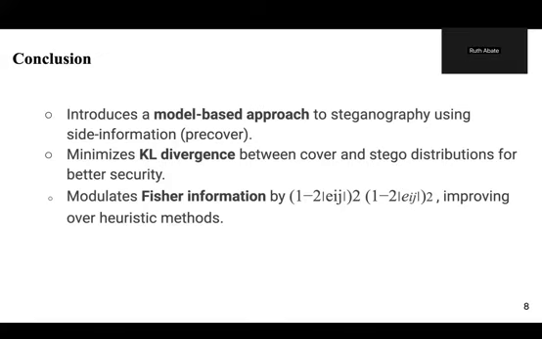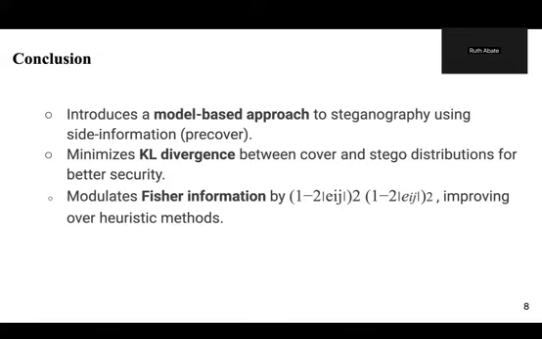Conversely, if the information is too limited, it can affect the quality and usability of the media. This research introduces methods for carefully modulating Fisher information to optimize this balance, ensuring that hidden messages remain undetectable while maintaining an efficient embedding process. This represents a major advancement over traditional heuristic methods, which often fail to account for such trade-offs.